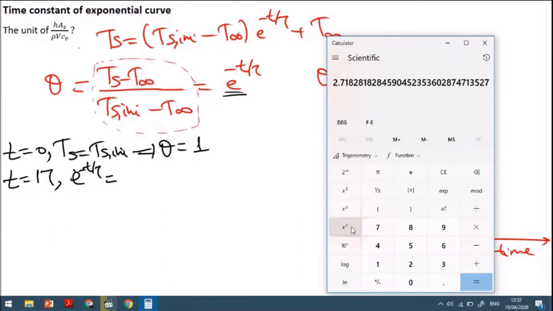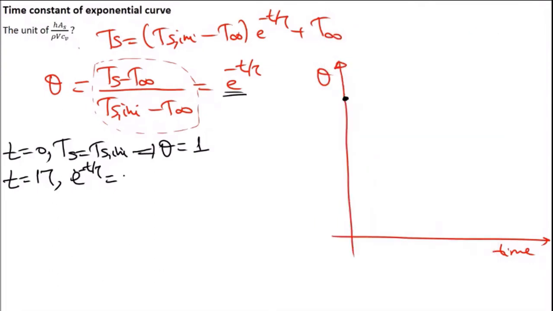So let's use my calculator: e to the power of negative 1 makes 0.37. This is the value of theta. Half of the distance is somewhere around here, and this is 0.37, the value of theta.